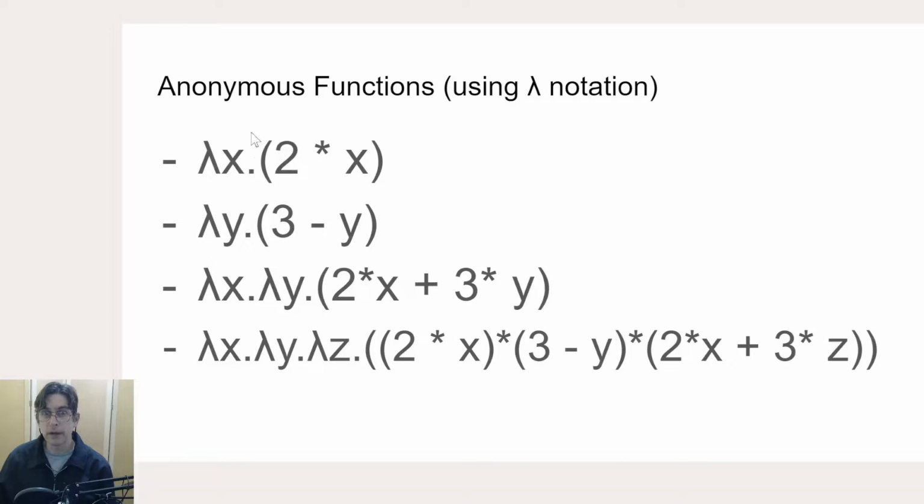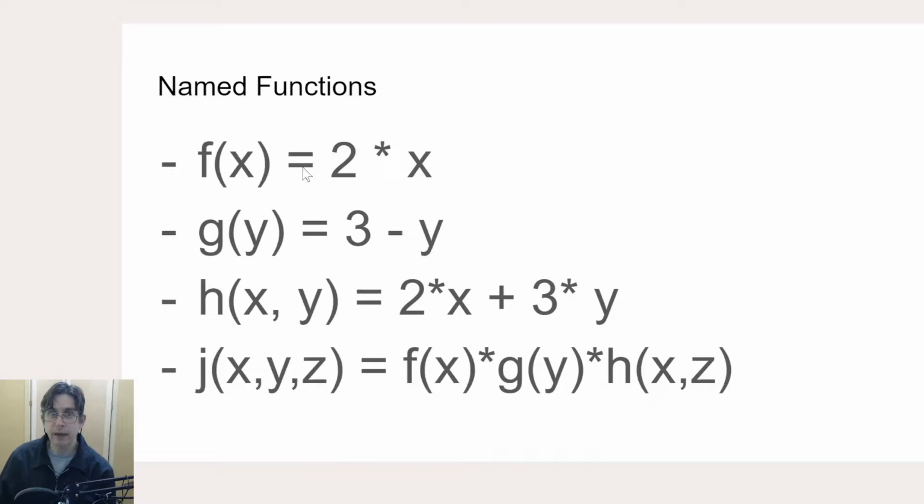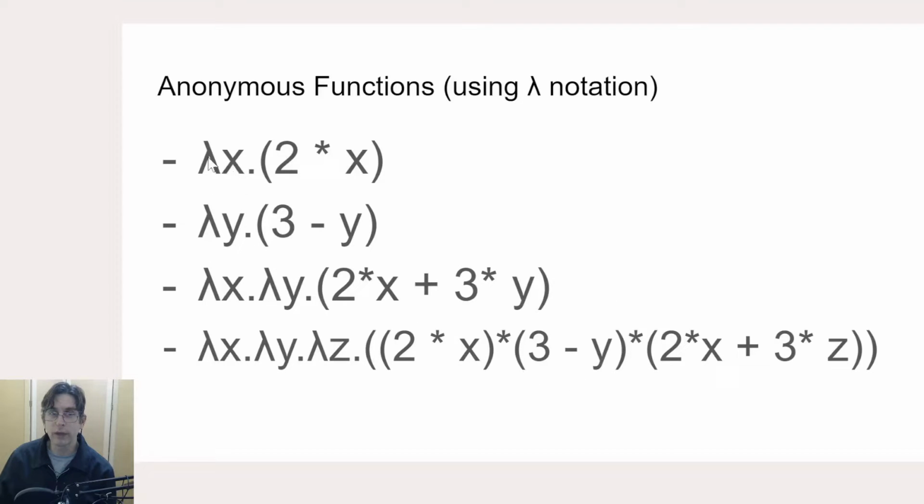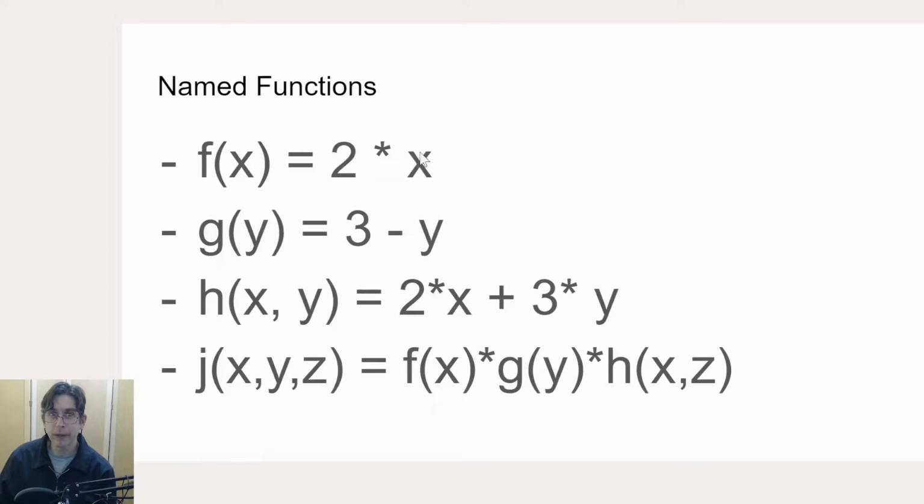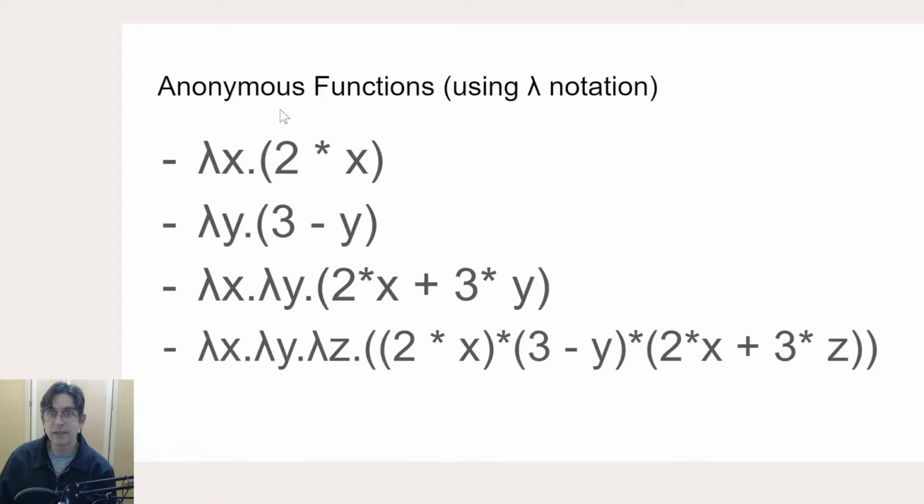But it's traditional in computer science and mathematics to use the lambda notation, where, for instance, this function here, f of x equals 2 times x, I can present this way: lambda x 2 times x. This expresses the same function as this one, but now it is anonymous, it has no name.